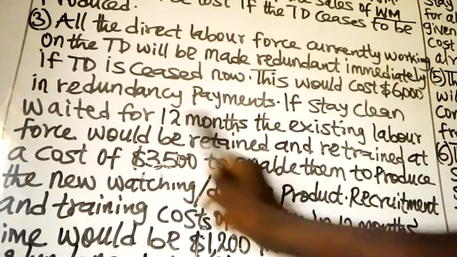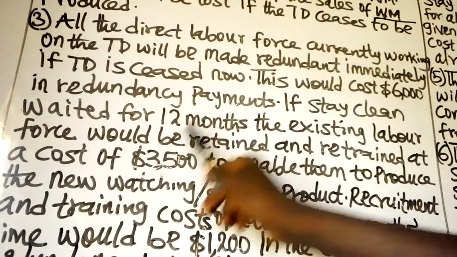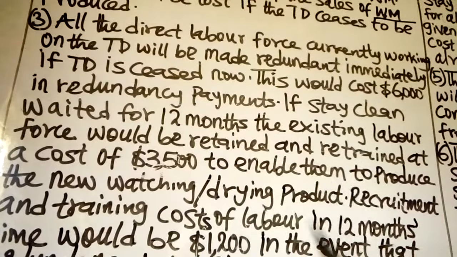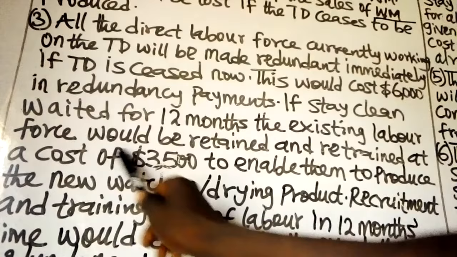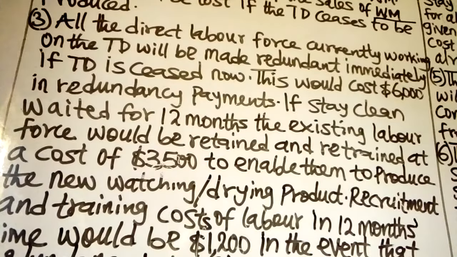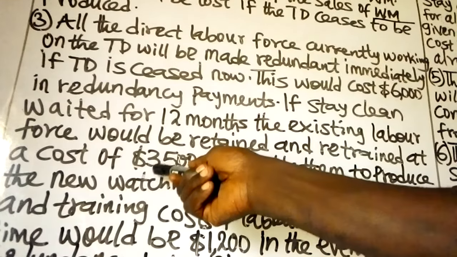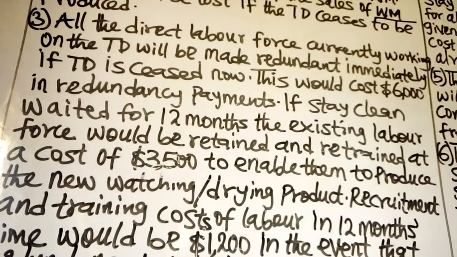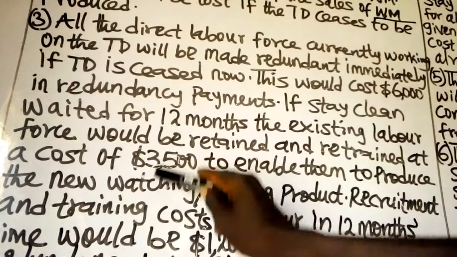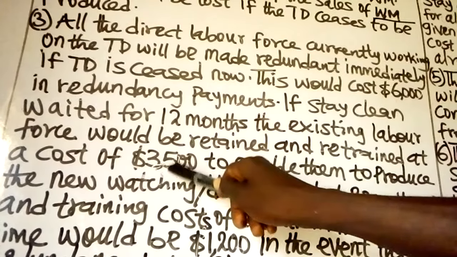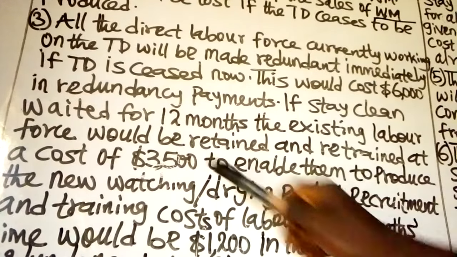If Stay Clean waited for 12 months, the existing labor force will be retained and retrained at a cost of 3,500 to enable them to produce. Now, remember our decision now: we want to decide whether to cease now. If you cease now, that means this cost of retraining will not be incurred. That means the cost will be saved if you cease now. So that will be treated as a saving cost. I've told you that the cost that will be saved will be treated as an inflow.